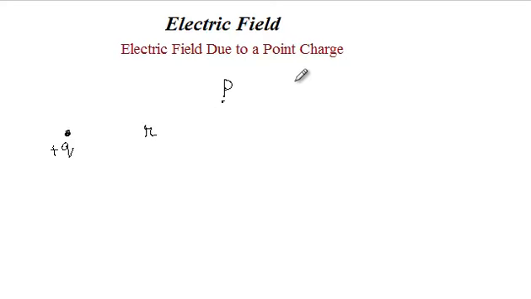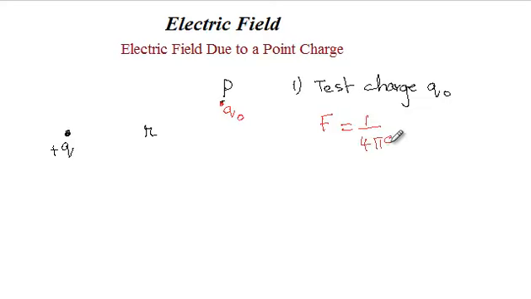So now the first step we know is we need to place a test charge Q naught at the point P. Now we place a test charge Q naught over here, and we measure the force on the charge, and let's say the force is 1 by 4 pi epsilon naught Q Q naught over r square.